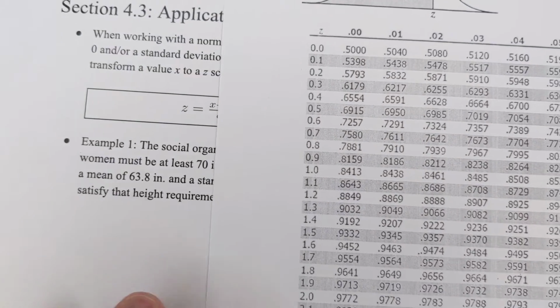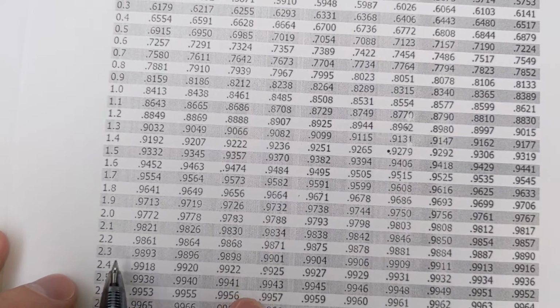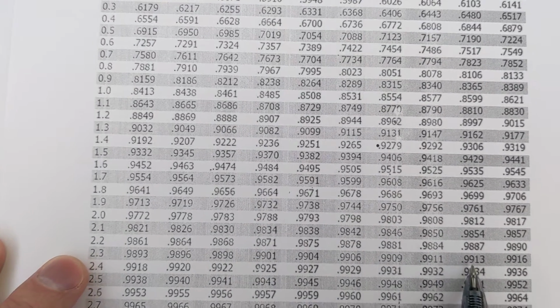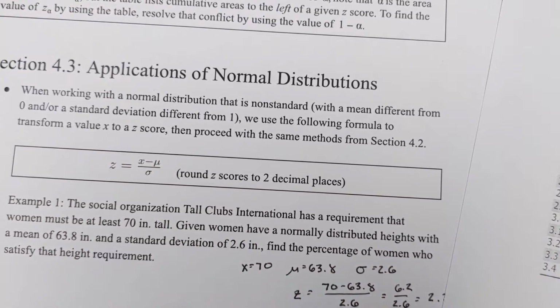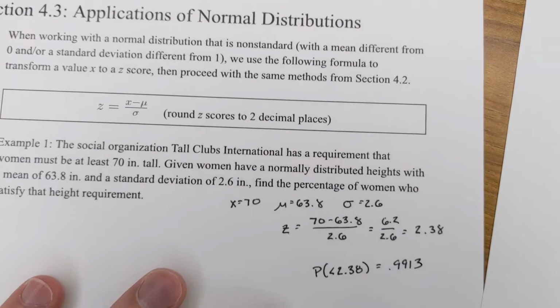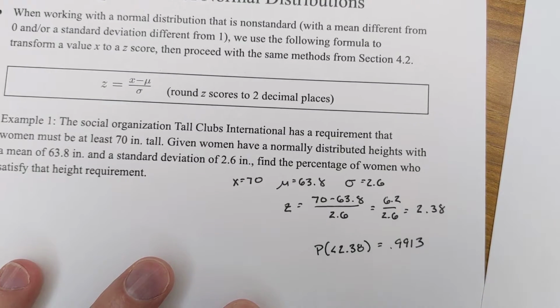So here's my z-score table again. 2.3 is right here, and I'm going to go over to 8. You can't see the headings, but it's right here, 0.9913. Remember, that's set up to be a less than. So the likelihood that a person is less than that corresponding z-score is 0.9913.